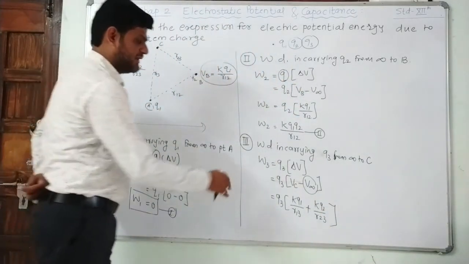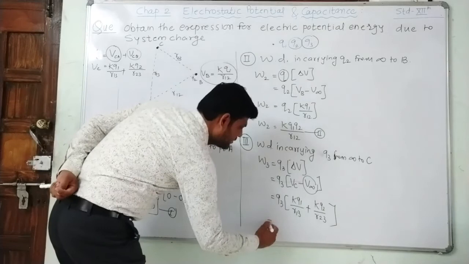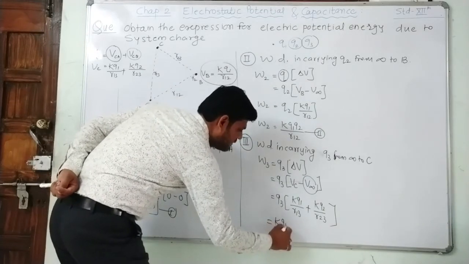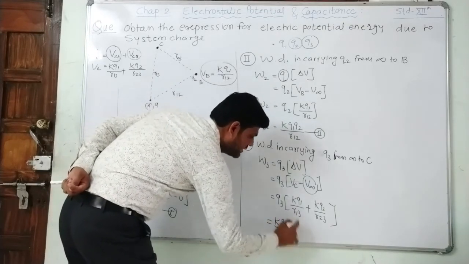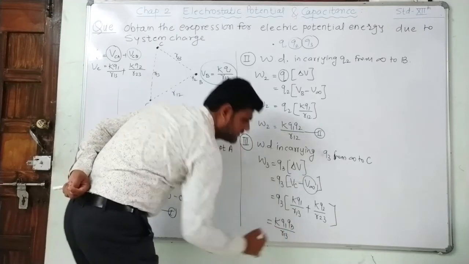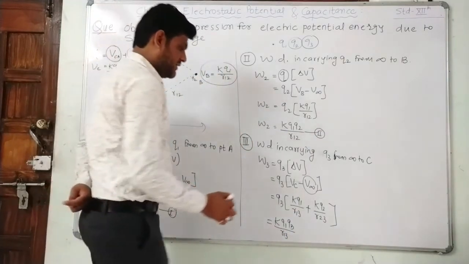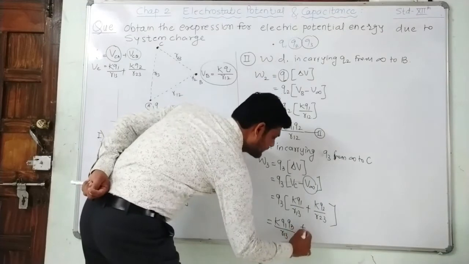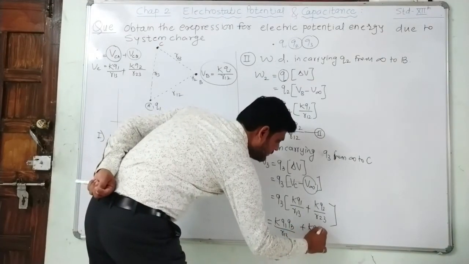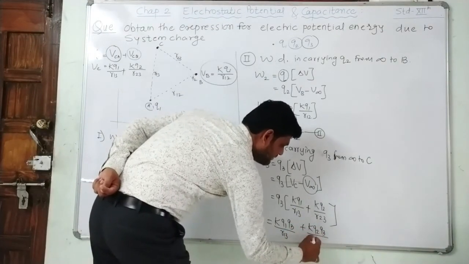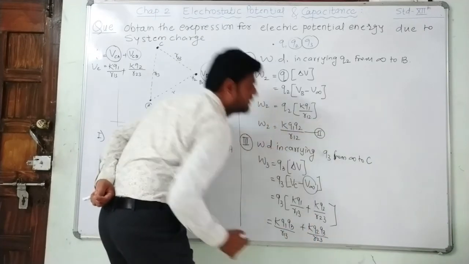So multiplying by Q3 in this equation, we get K Q1 Q3 divided by R13, plus K Q2 Q3 divided by R23.